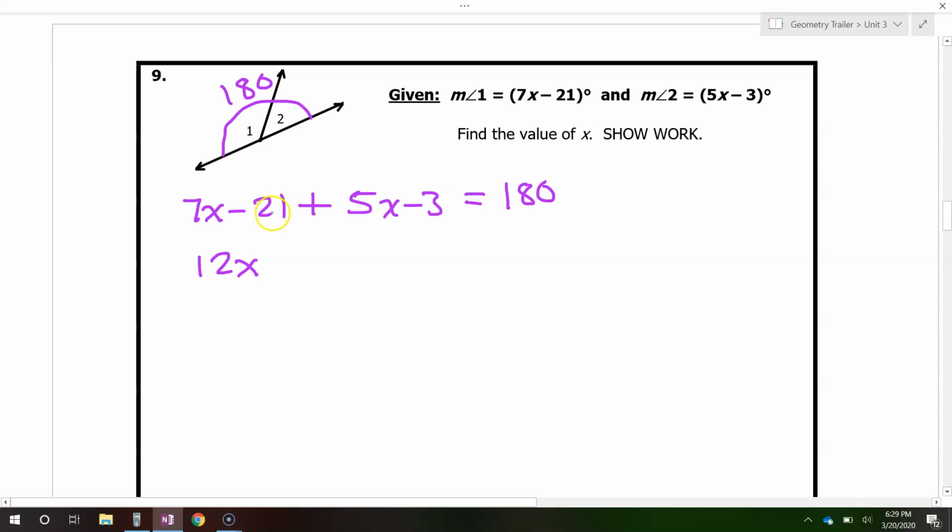And then if I do negative 21 and negative 3, that's going to be negative 24. So there I've combined like terms. It's equal to 180. Of course, now I need to add 24 to both sides. So that's going to give me 12x is equal to 204.